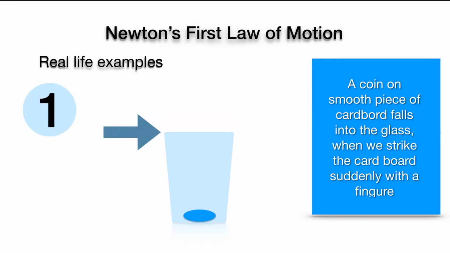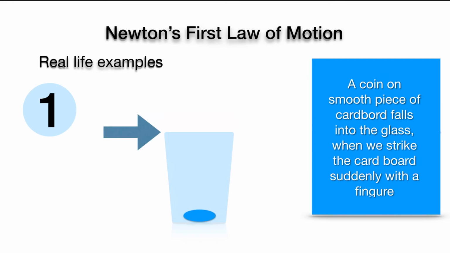But now after removal of the cardboard, there is no normal force on the coin which can balance the gravitational force of the earth on the coin. So because of this, there is a net gravitational force on the coin in the downward direction, and this net external force pulls the coin into the glass.